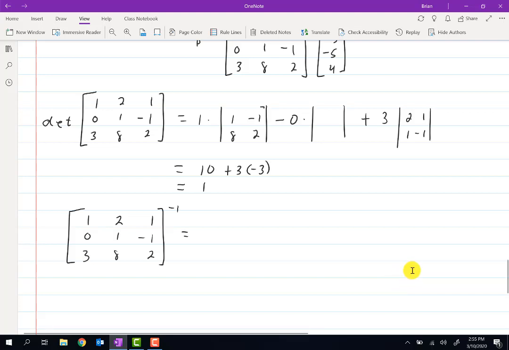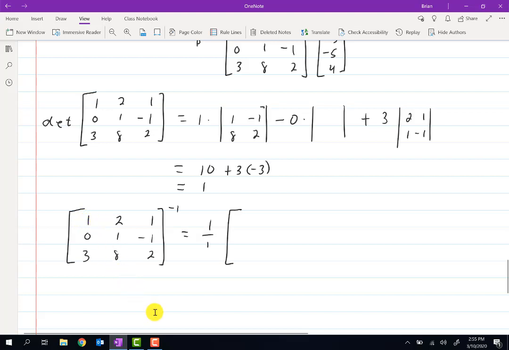We have to do all these classical adjoint things. I have to do 1 over the determinant, which is 1 over 1. And then to get these inverses here, remember this, the C11 term will be a 1, but it'll be positive because I'm in the 1, 1 position.